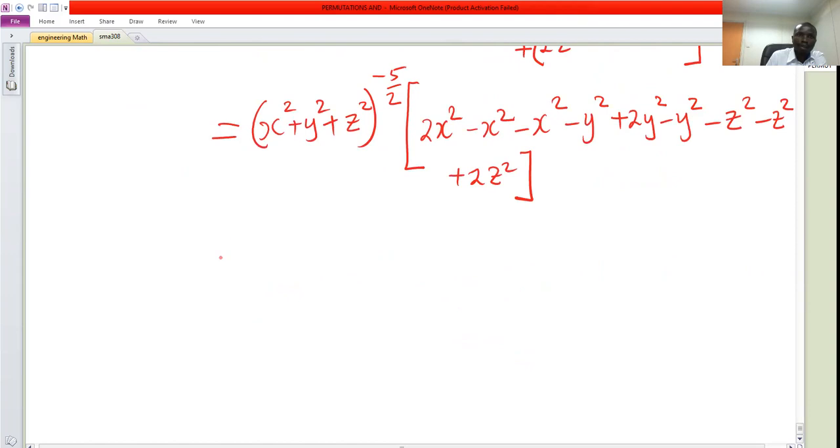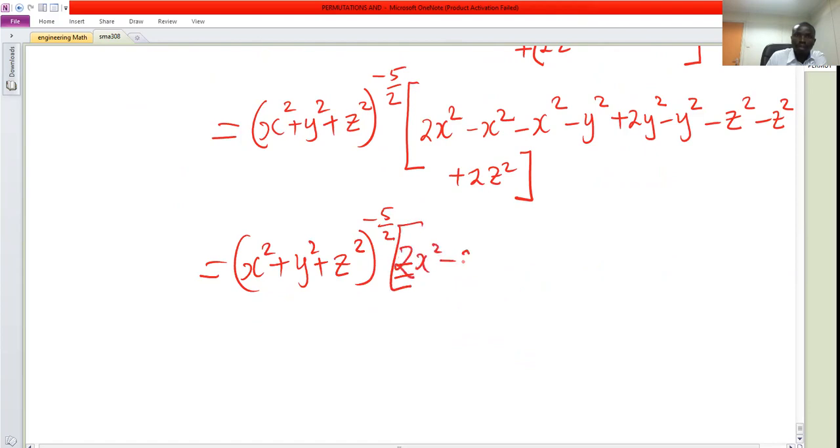Clearly, you see that we'll have x squared plus y squared plus z squared raised to minus 5 over 2 into, so I have 2x squared minus 2x squared, and then minus y squared plus 2y squared minus y squared, minus z squared minus z squared plus 2z squared.